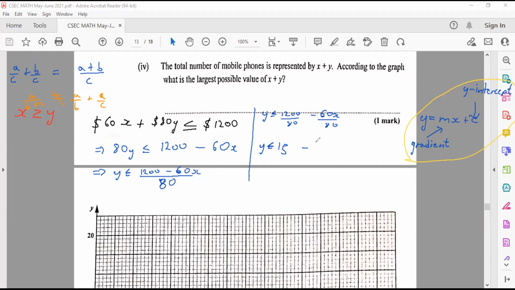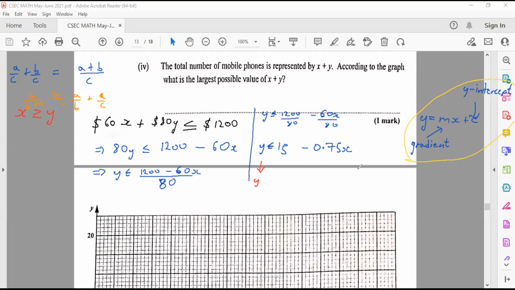So it's minus 0.75x. Actually, I prefer the fraction, but you understand decimals better. Okay. Now, this is in the form y equal to mx plus c. Here I have my y. Where is m? What is m? Remember, m and x are right beside each other.